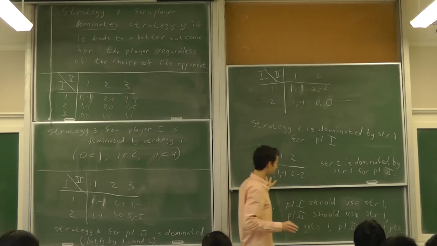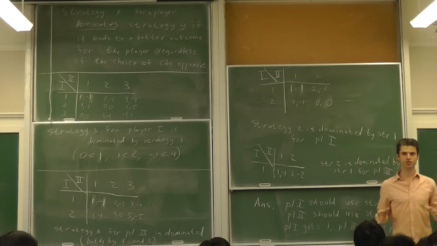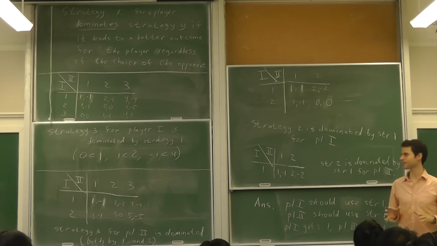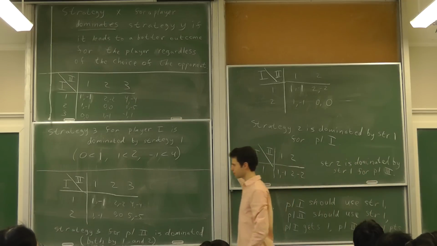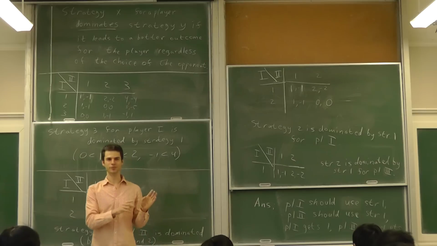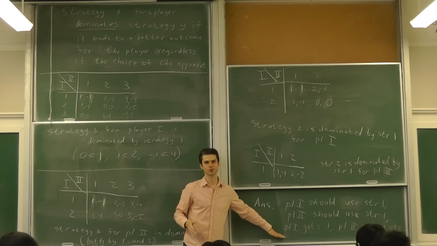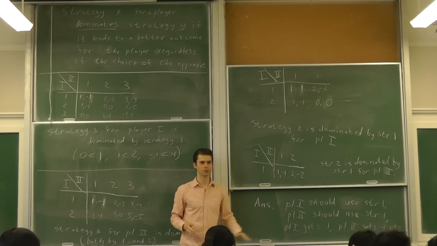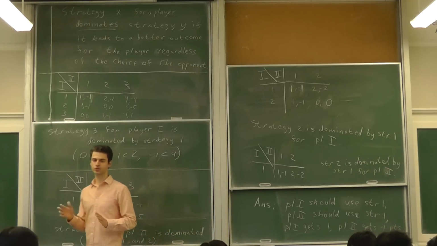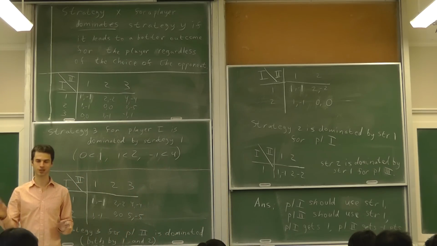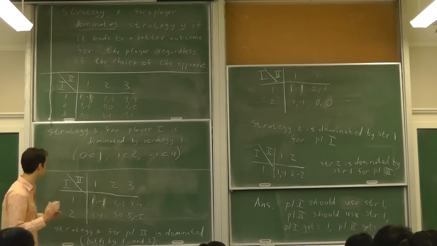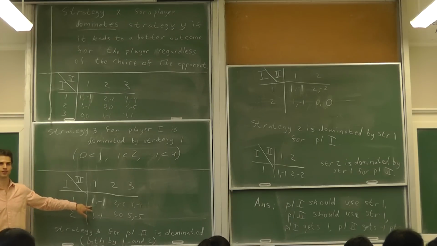In fact, this strategy is so stable that, first of all, this game is rigged for the first player. He is guaranteed to get at least 1. If he plays strategy number 1, regardless of the response of the second player, whether the second player is rational or not rational, he will get at least 1.